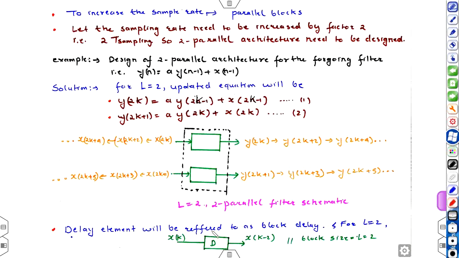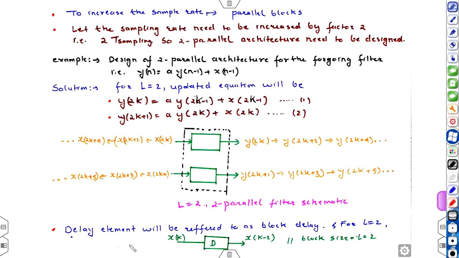Okay, so now because of this there will be a problem. So you can see in equation 1 that y of 2k is equal to a times y of 2k minus 1 plus x of 2k minus 1. So y of 2k is dependent on the input sample that came 1 cycle before, that is x of 2k minus 1, and the output sample that was generated 1 cycle before and multiplied by a, y of 2k minus 1.